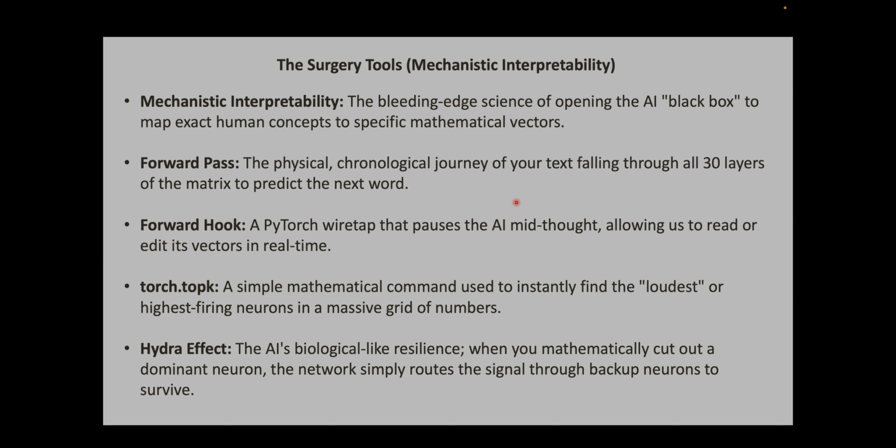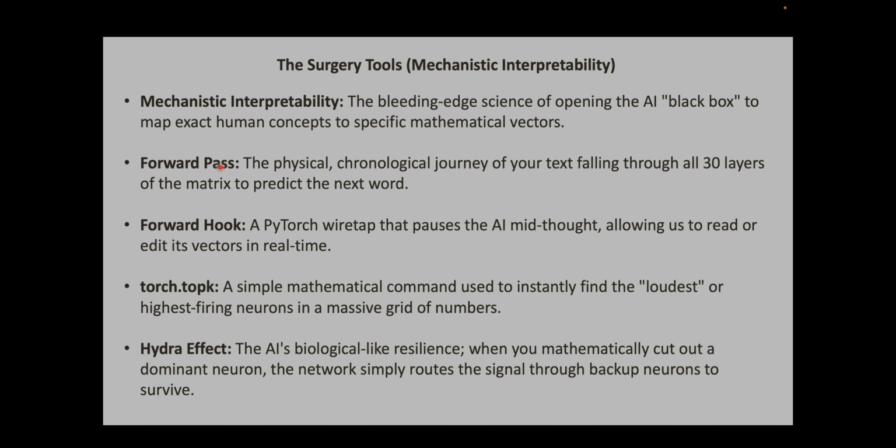So that's what this is: in order to know what AI is doing behind the scenes, to map the exact human concepts to specific mathematical vectors. It's just doing mathematical computations. The neural network gives you output ultimately, but what exactly it does and how it represents human concepts while processing that, that's what this is.